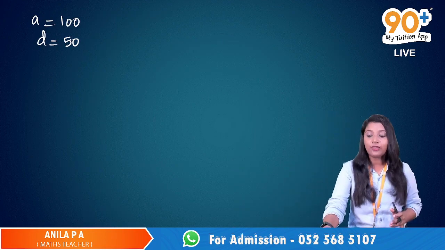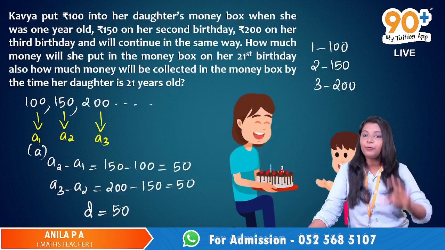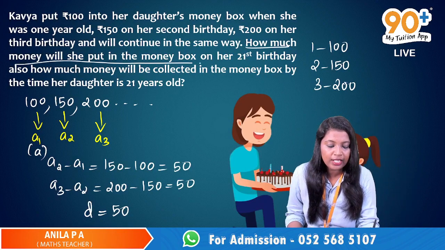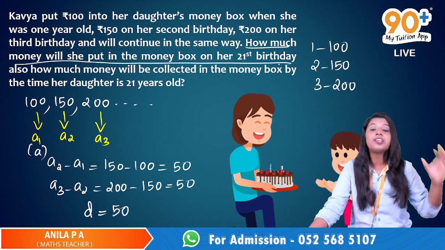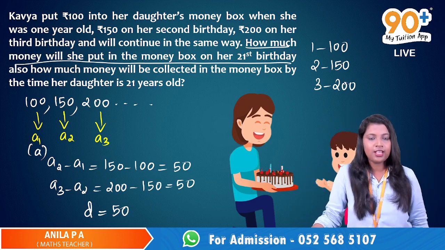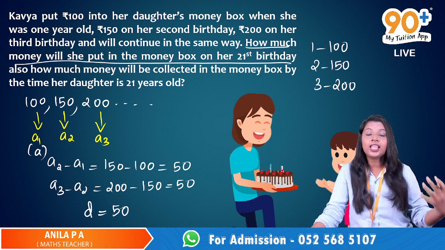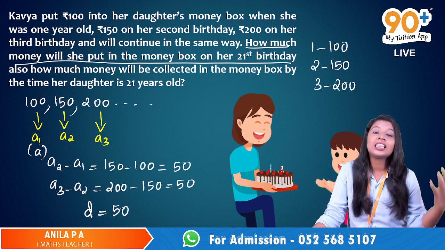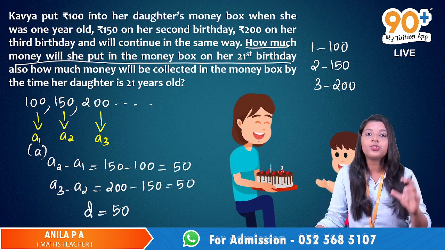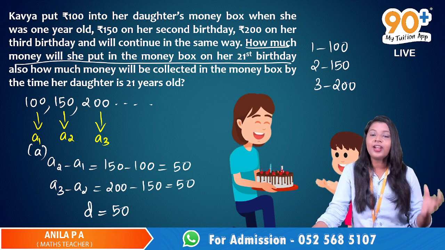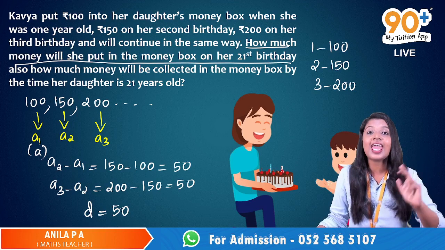Now what do we have to find? Let's do the first part of the question. How much money will she put in the money box on her 21st birthday? We have to find the amount of money that this mother is putting into the money box on her 21st birthday, or in terms of AP, it is A21.